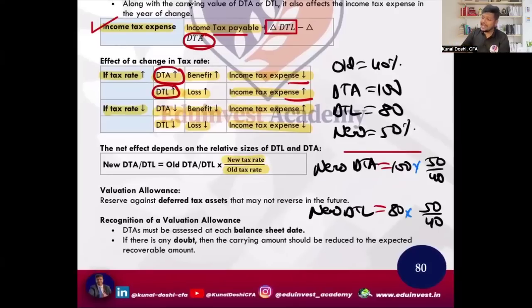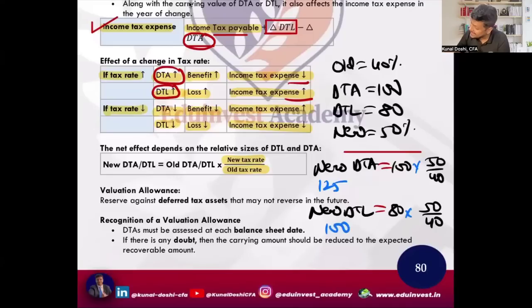This will definitely increase my DTA and DTL. So my DTA will be 100 into 50 over 40, that will be 125. And DTL will be 80 into 50 over 40, that will be 100.